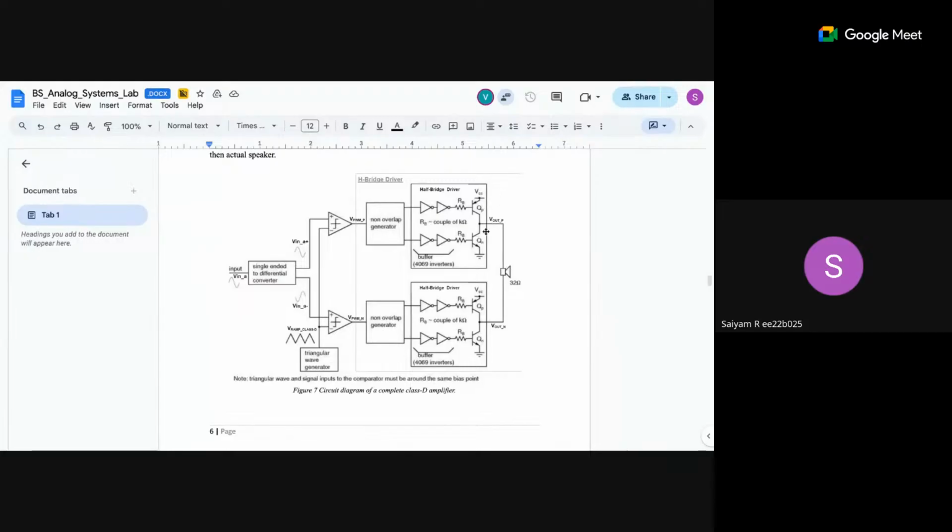So the output of this H bridge driver, V out P, will be a PWM signal, and V out N will be 180 degrees out of phase with this PWM signal, and that will drive the speaker, and the speaker will give a sound.